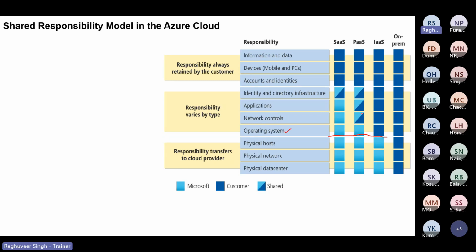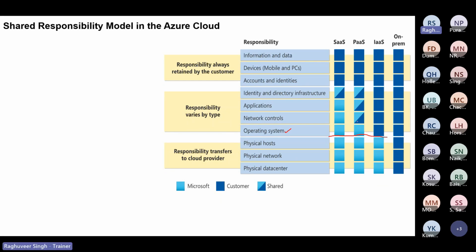However, in PaaS, it is a shared responsibility. Why? Because the infrastructure is being managed by the customer, and some controls Microsoft is also taking into consideration. So that is why it's a shared responsibility, wherein you will decide what app service plan you would want to go with, and what will be your application environment, whether you want to use Java, .NET, ASP.